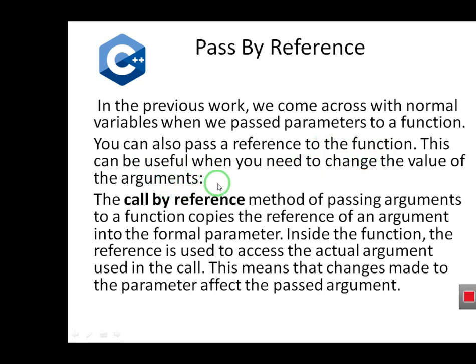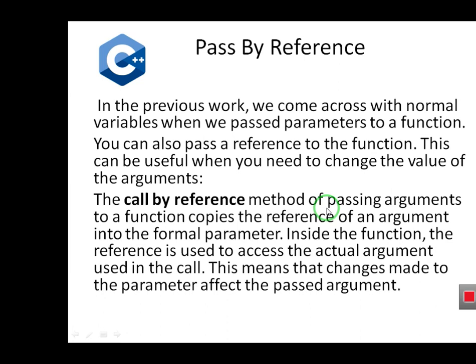This can be useful when you need to change the value of the arguments. Of course, we must know the application: it is where we want to change the value of arguments. Arguments means the user gives the value. The call by reference method of passing arguments to a function copies the reference of an argument into the formal parameter.